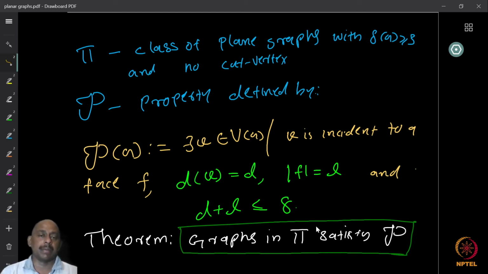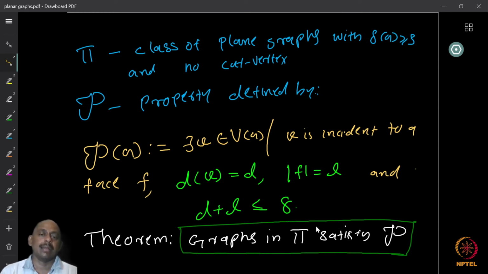Okay, so the property P says that you can find some vertex incident to a face in a plane graph, such that the length of the face plus the degree of the vertex is at most 8. You can always find this if the minimum degree is at least 3 and there is no cut vertex.